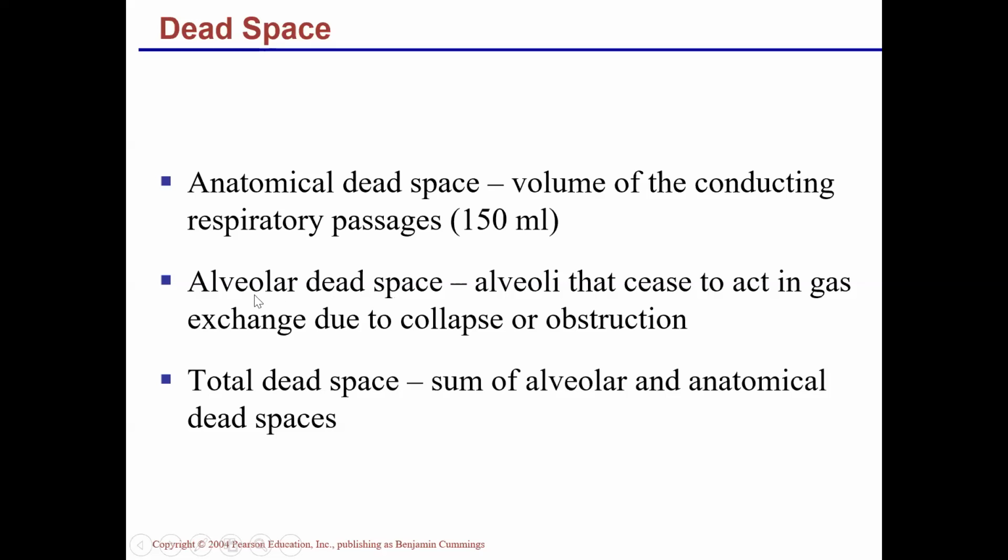That is called alveolar dead space. So when you talk about dead space, you should consider both the anatomical and alveolar dead space. All this volume of air is not involved in gas exchange.